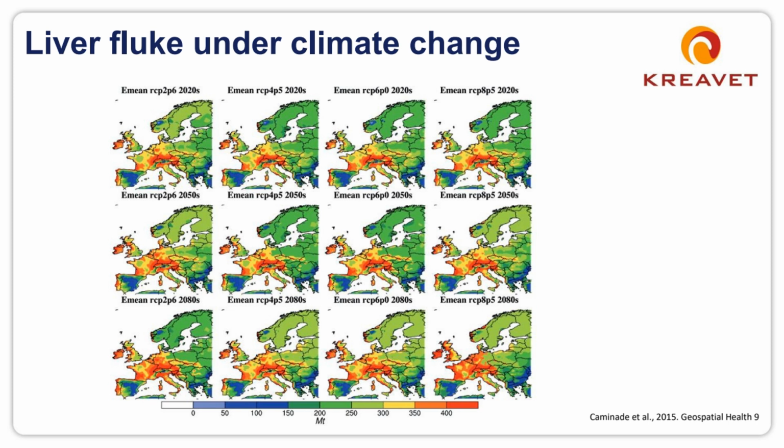So he modeled different climate change scenarios using the MT index, which represents liver fluke infection risk. And you can see that, so every column represents a different climate change scenario, from the mildest change to the more severe change.